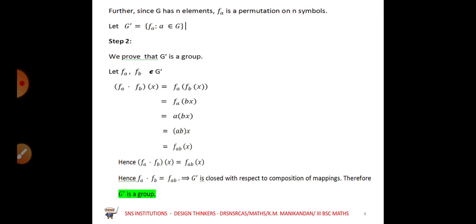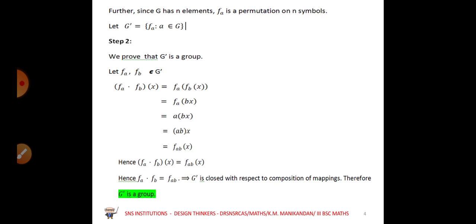So we can define the set G dash, consisting of the permutations FA corresponding to A belonging to G. So next we prove that this G dash, that is the group of permutations, is a group. That we are going to prove now. Since it is a finite set, we only need to check the closure property.